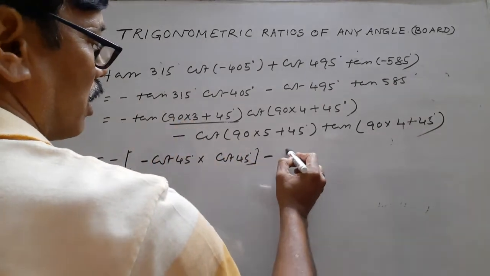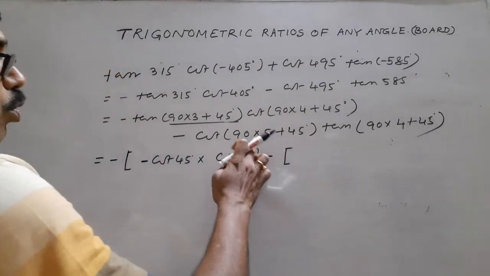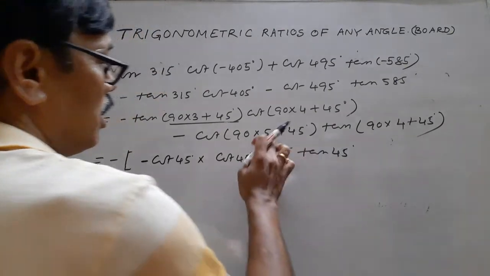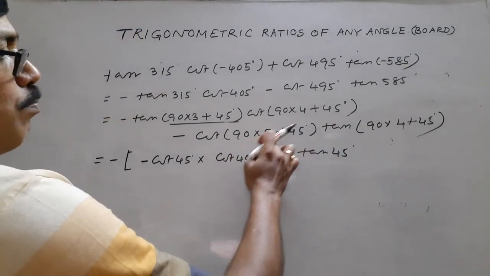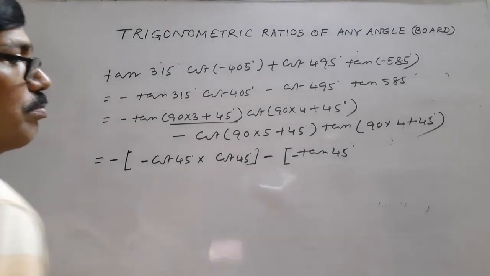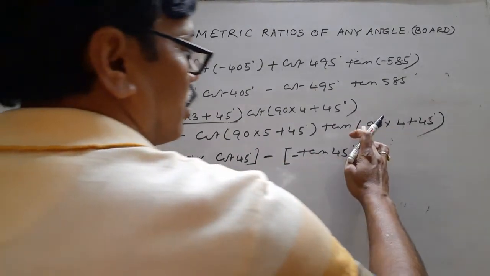Then this minus as it is. This is an odd multiple, so tan 45. It is in the sixth quadrant, 5 plus, that is in the second quadrant. This is negative, and it is tan.